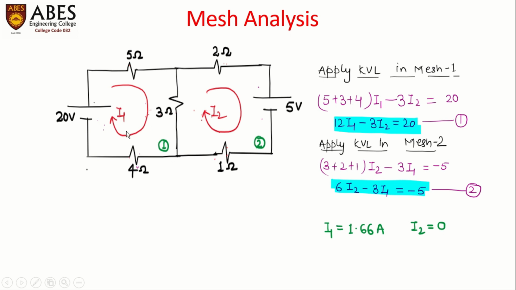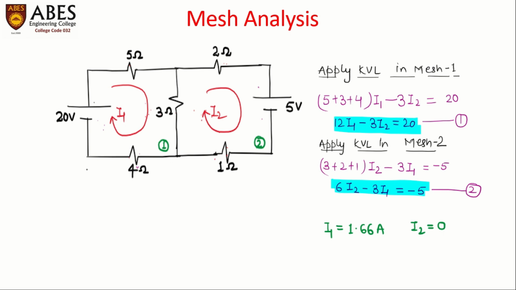Now in the mesh 1, I have assigned current I1, and in the mesh 2 I have assigned current I2. These currents may be taken in clockwise direction or in the anti-clockwise direction. Also we can take I1 as clockwise or I2 in the anti-clockwise direction, or I2 in the clockwise direction and I1 in the anti-clockwise direction.